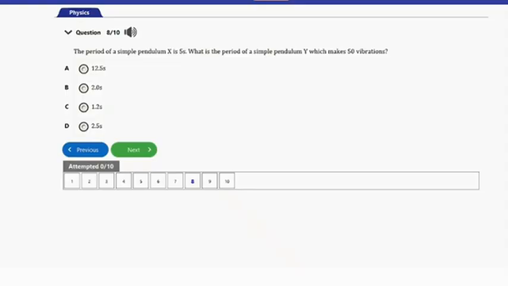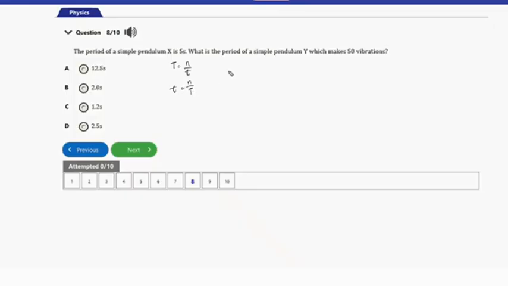What is the period of a simple pendulum Y which makes 50 vibrations? Alright, so guys, we have to understand that the period here is actually time over the number of vibrations. So in that case, the time also is equal to the number of vibrations times the period.